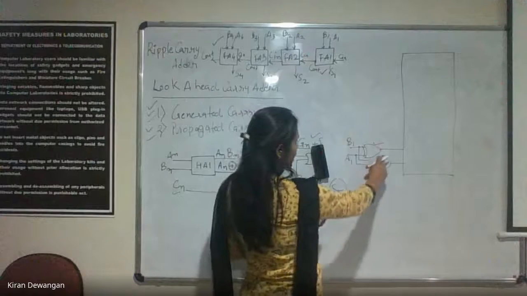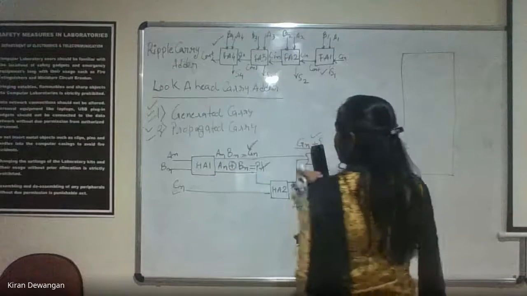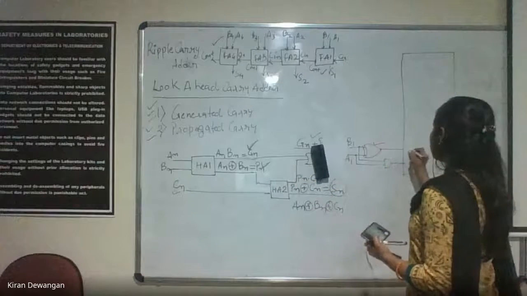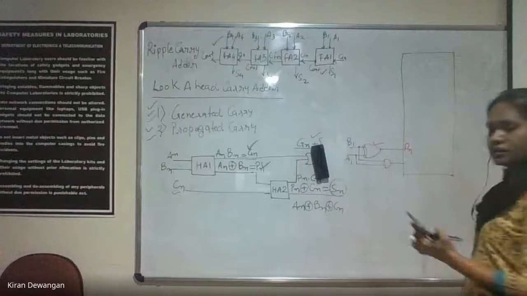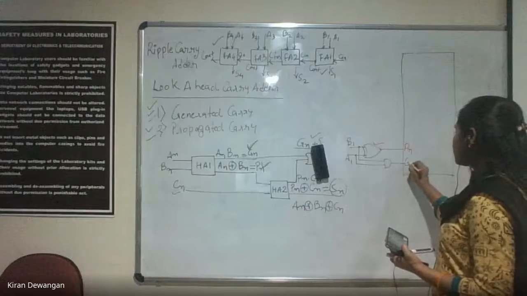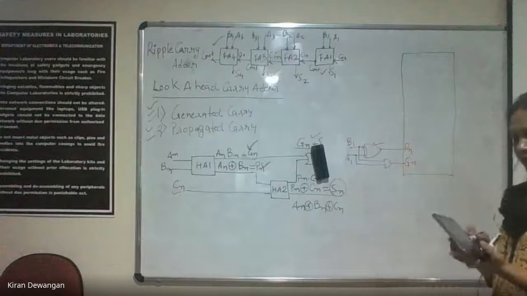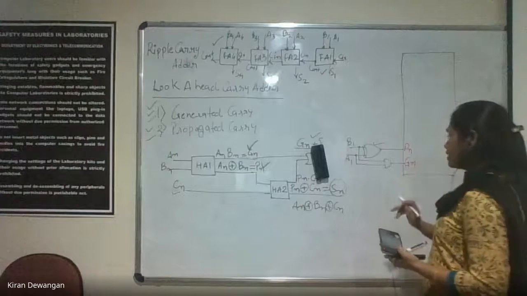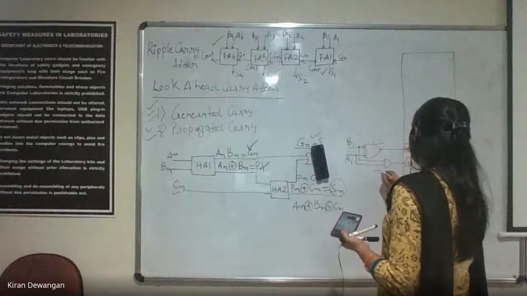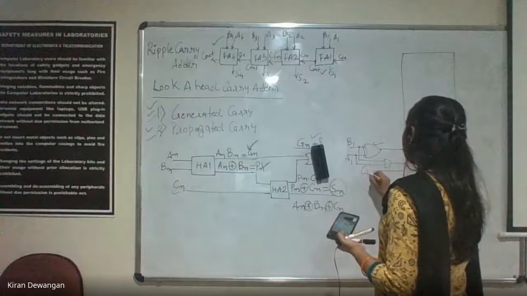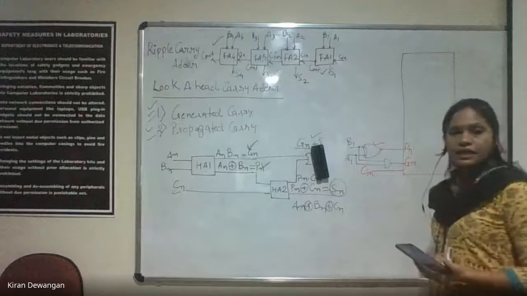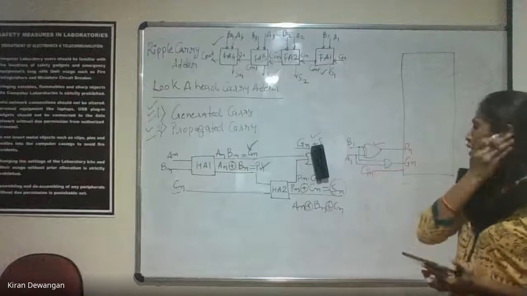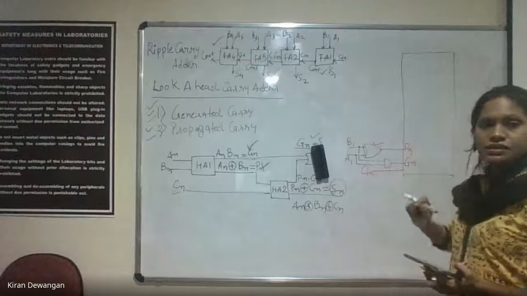The output of the XOR gate, An XOR Bn, produces Pn, and the AND produces Gn. Clear? So it has two outputs, one is Pn, another one is Gn. From here we will give Cin, the first input. हम सिर्फ यही देंगे. We'll give only Cin input, and the rest it will calculate inside.